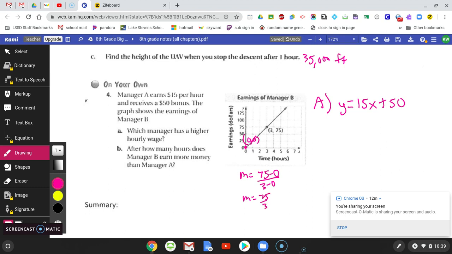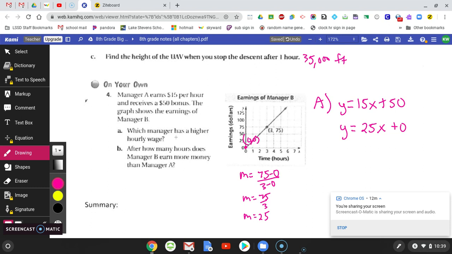And let's see, 75 over 3, if I were to do that division, does come out to give me 25. So I know my slope is 25 over 1, or just 25. So that means it's going to be y is equal to 25x. And technically I have a plus 0. I don't have to have that written, but I can because it had a y-intercept of 0.